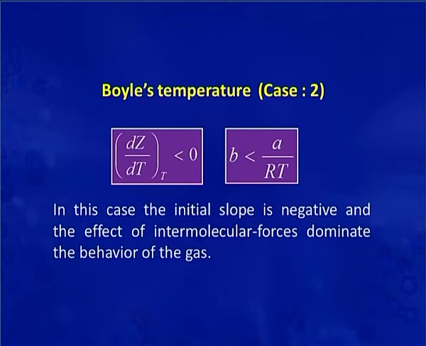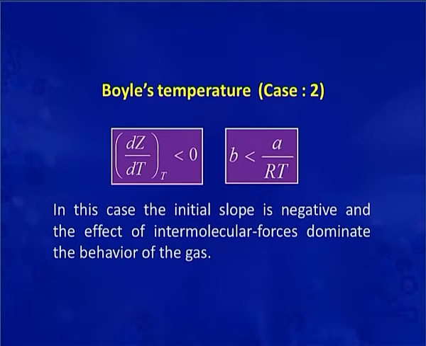Now the second case, when dZ by dT is less than 0, or b is less than a by RT. In this case, the initial slope of the graph is negative and the effect of intermolecular forces dominates the behavior of the gas.